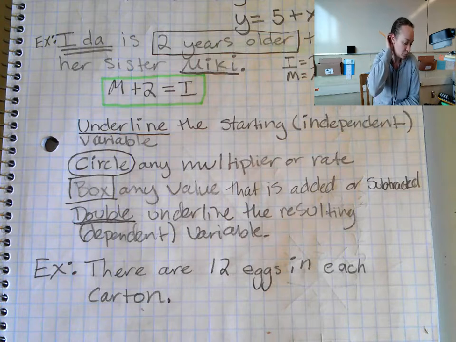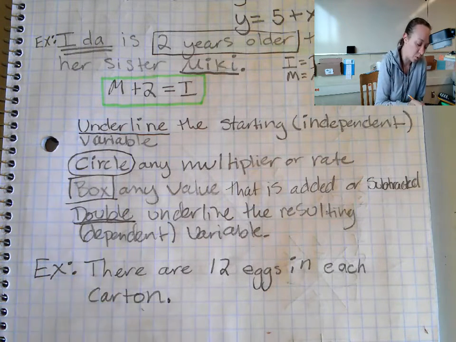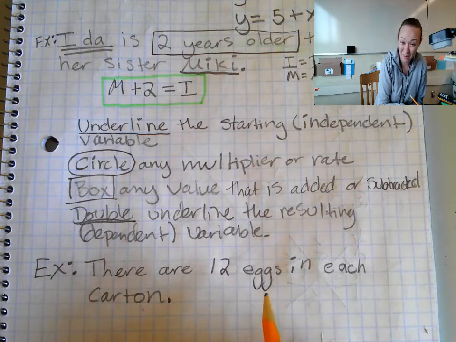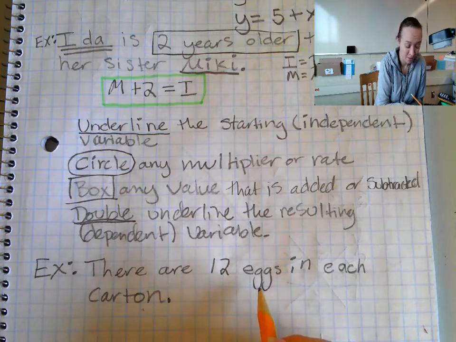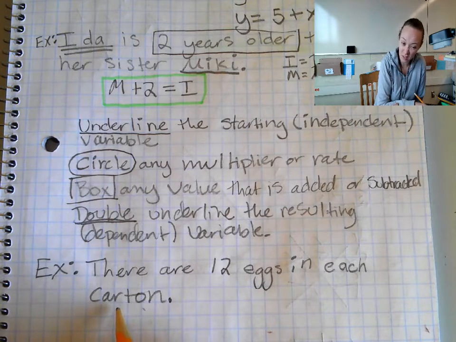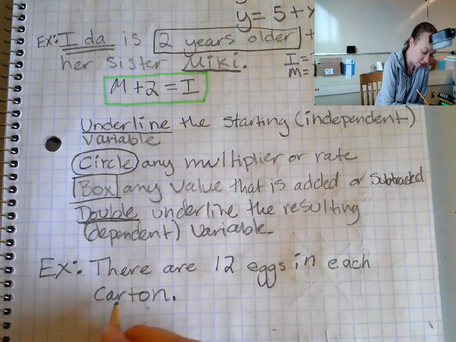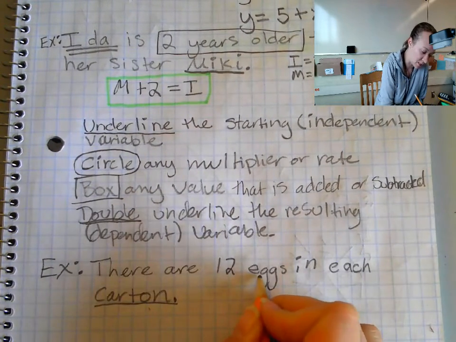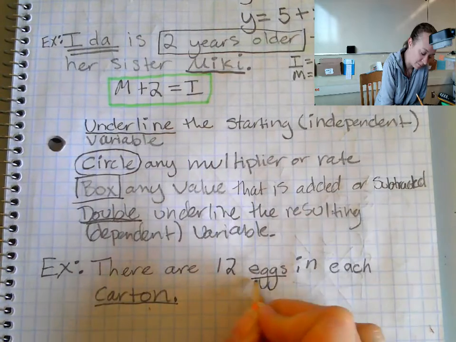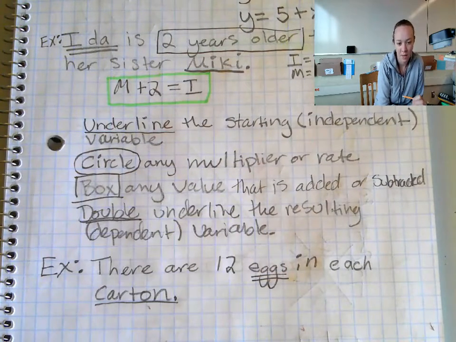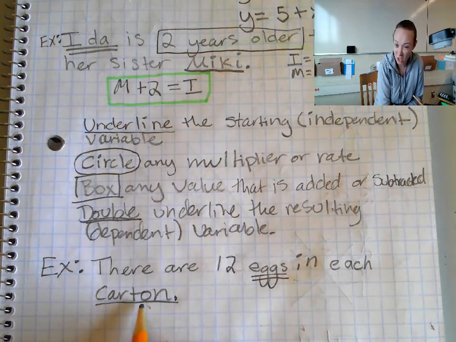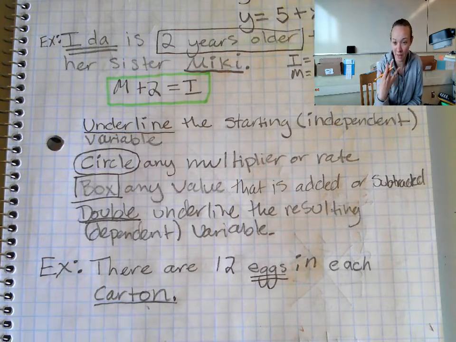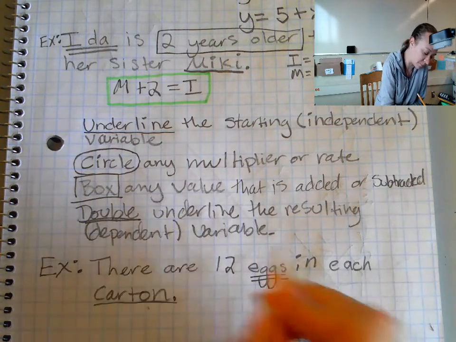Okay, so if we were trying to figure out how many eggs there are based on the number of cartons, then the carton would be the starting or independent variable, and the eggs would be the dependent variable. And then we would take the number of cartons and we would multiply it by 12 to get the number of eggs. So we have a multiplier.